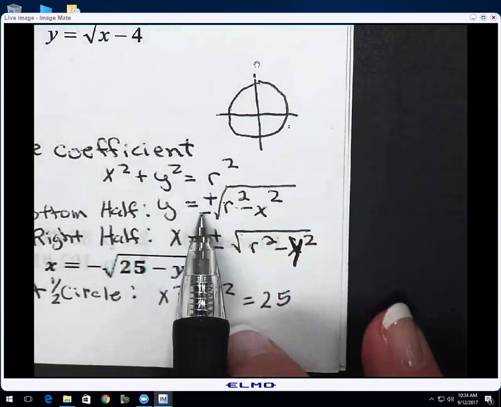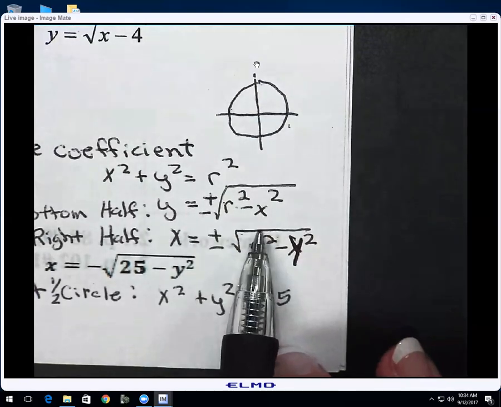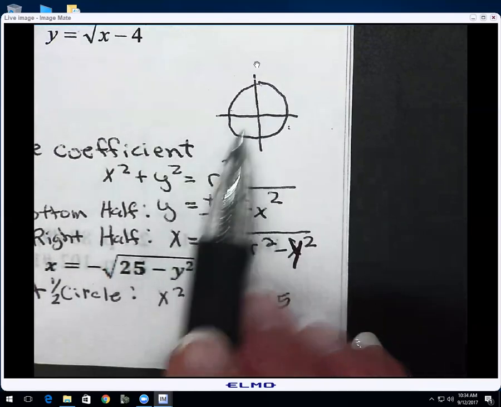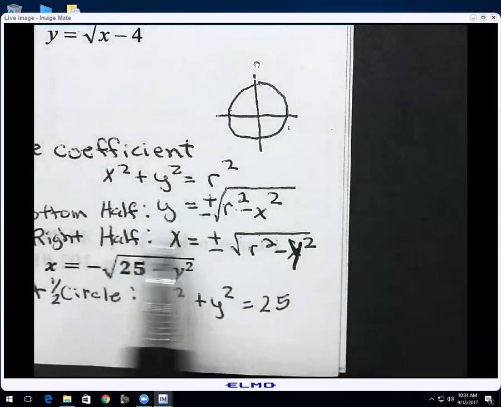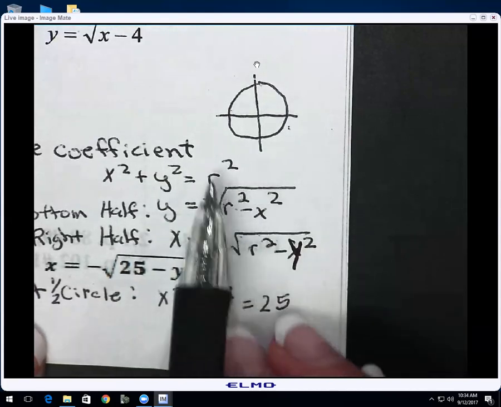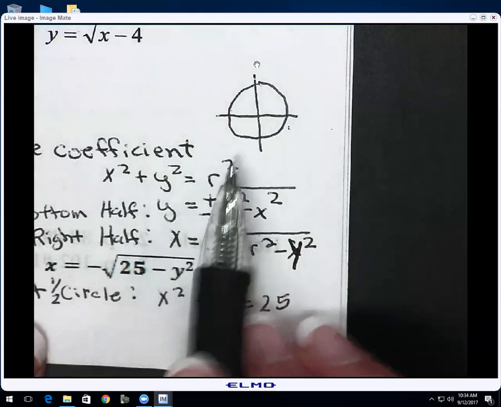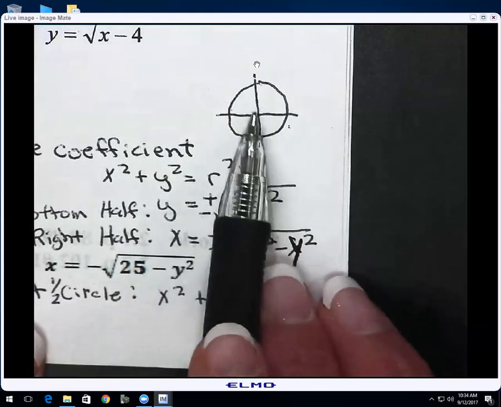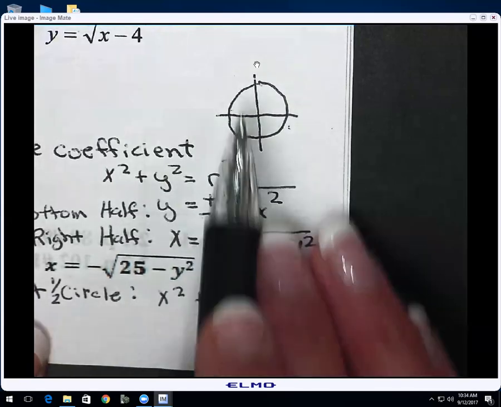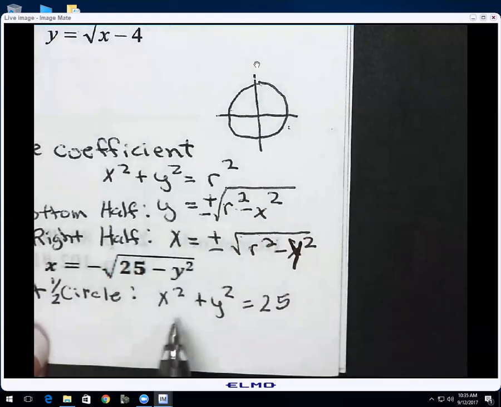That's y is the positive square root of something. Where are all the y's negative? Bottom half, y equals negative square root gives me the bottom half. Where are the x's all positive? Left, right, top, or bottom? Right, that's x's positive square root. The left half comes from x's negative square root.